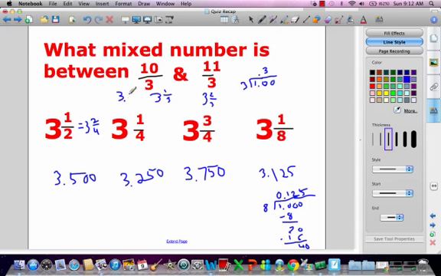So far, 3.3, right? And if we keep going here, you're going to see that this decimal is a repeating decimal. 10 minus 9 is 1. We'd bring down a 0. We'd get 10 again. So the 3 is going to be repeating. And so if we did this out to the thousandths place, it would be 3.333. And it's going to keep going.